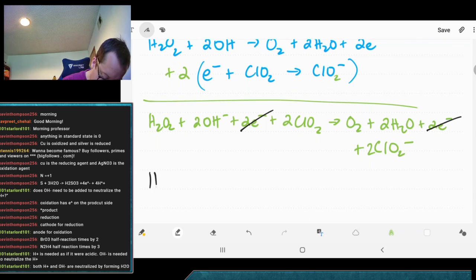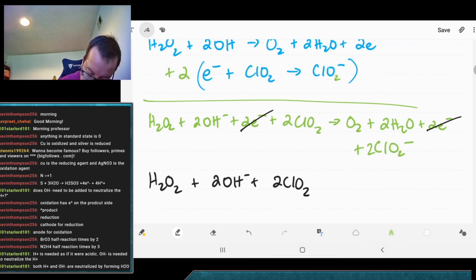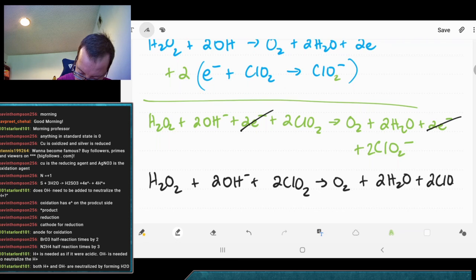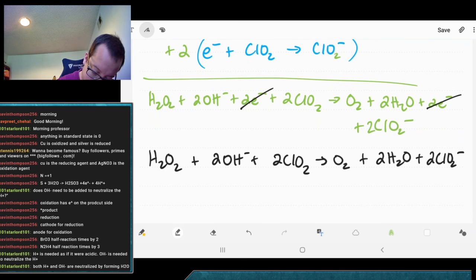So overall, here's an example where we indeed keep our hydroxides here this time. We did not need any to balance the other half reaction, so in basic solution we still end up with some hydroxides here. So, hooray, we did it.